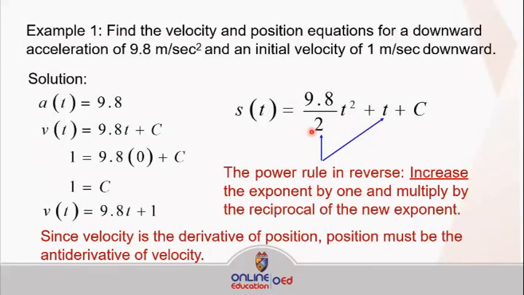For this formula, we use integration instead, that's why we have over 2 here. For the antiderivative of 1, it is just t, or the reverse. The power rule is in reverse: increase the exponent by 1 and multiply by the reciprocal of the new exponent. That's it. This is an application of integral calculus, or anti-differentiation, because it is the opposite of our derivative.